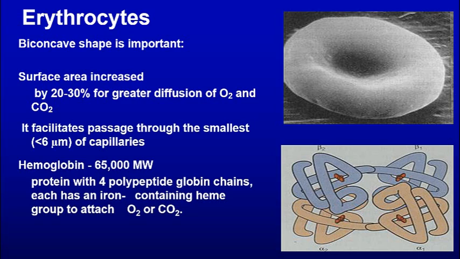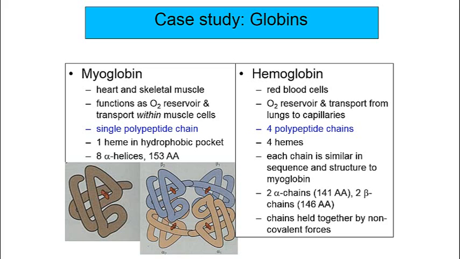Hemoglobin is a 65,000 molecular weight protein with 4 polypeptide globular chains. Each has an iron-containing heme group that will attach oxygen and CO2 lightly, so it can be attached, but then it detaches as it goes into the tissue.